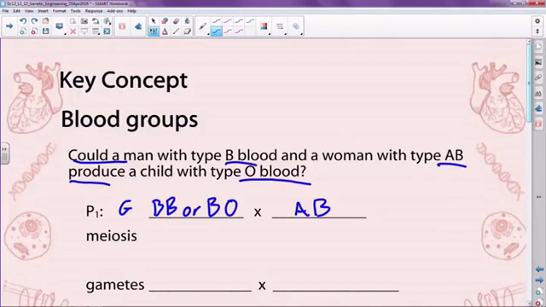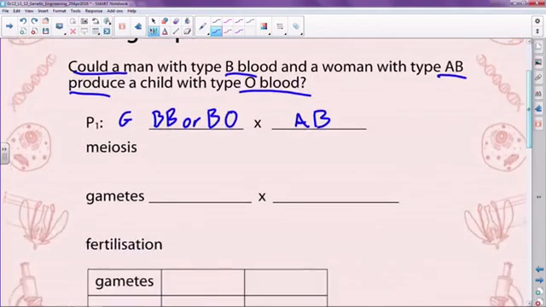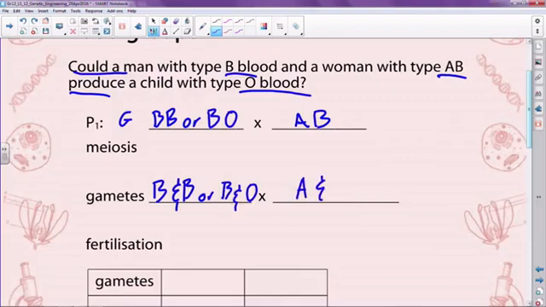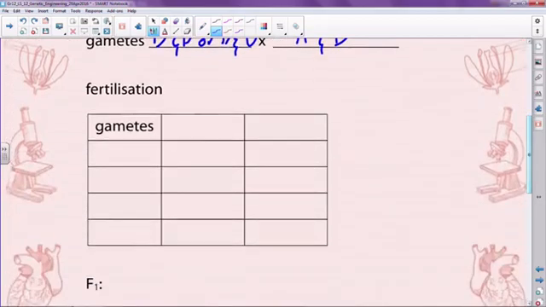Okay? If I look at the gametes, and I've done it like this for a reason. If I look at the gametes, it's B and B or B and O. And then of this one, of course, it's A and B. Those are simple. If I bring it down, oh, look how many slides I've got here. Way too many. So let's have a look. I've done it like this. I have either AB, there it is, AB for mom, okay?